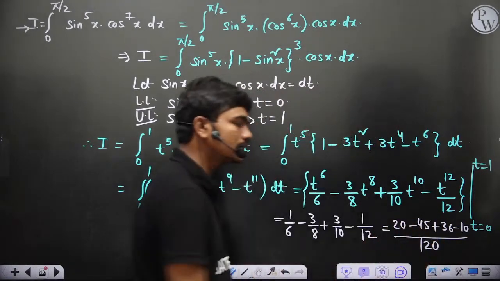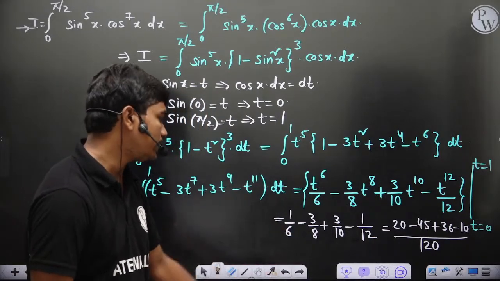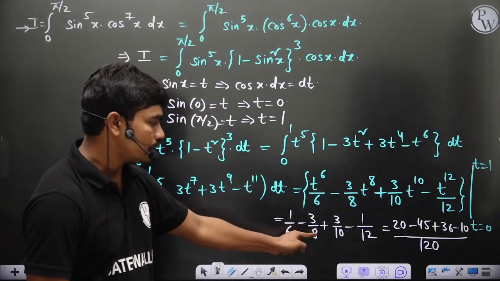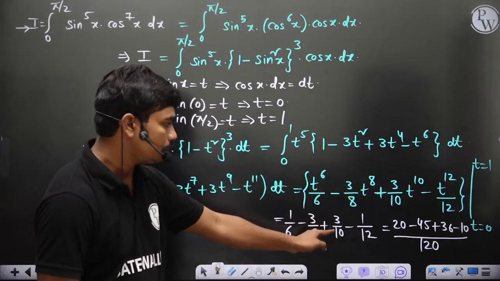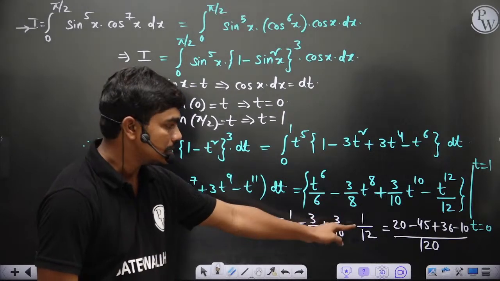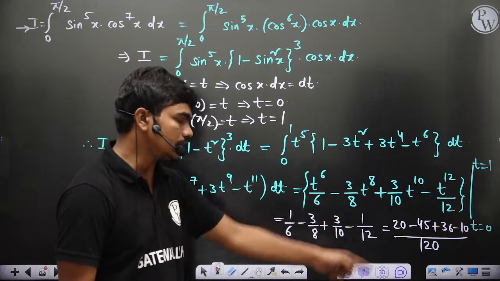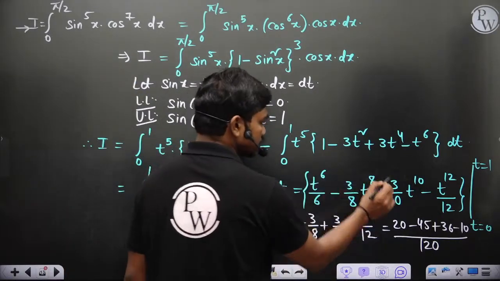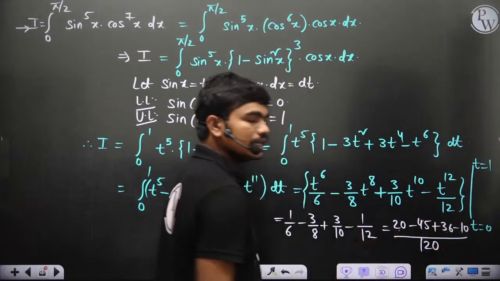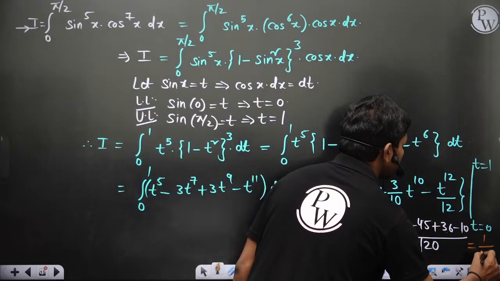Because if you take the common LCM to be 120, then 6 into 20 is 120, 8 into 15 is 120, 3 into 15 is 45, 10 into 12 is 120, so 3 into 12 is 36, and 12 into 10, so 10. If you simplify, 20 plus 36 is 56, and 45 plus 10 is 55, so 1 divided by 120 is the final answer.